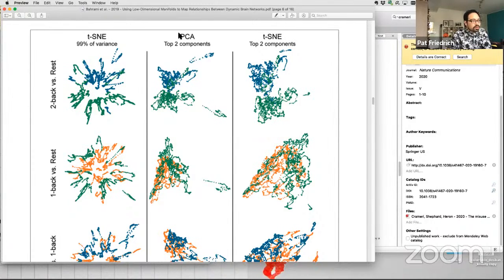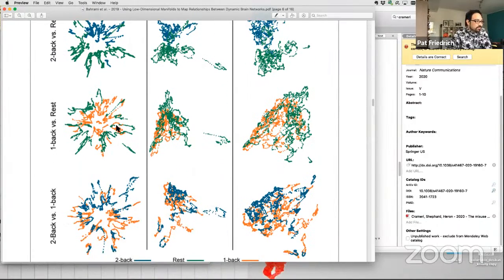It's more obvious when we're looking at the top 2 components of a PCA, where we can see somewhat of a horizontal split, where the upper parts are more likely to come from the 2-back task, and the lower networks are more likely to come from the resting state.